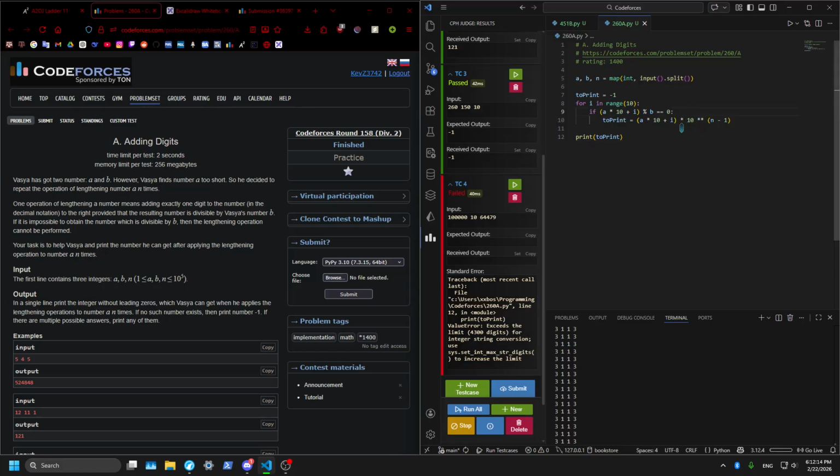I don't even convert the string though. Line 12. I guess they use sys set int max.